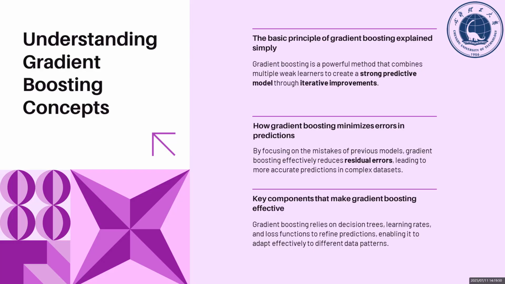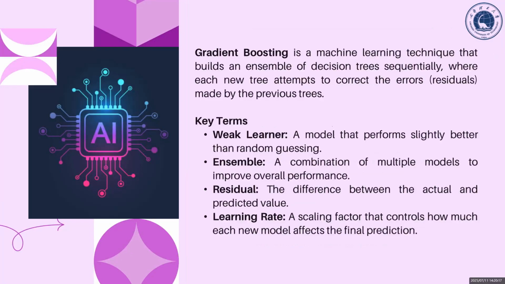Thirdly, we're going to be looking at the key components that make gradient boosting effective. Now, gradient boosting relies on decision trees, learning rates, and loss functions to refine predictions, enabling it to adapt effectively to different data patterns.